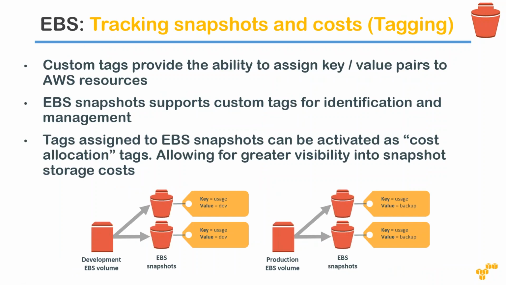Okay, and tracking the cost. I have always mentioned to you guys, this is to impress upon the topic that you should always tag your resources in Amazon so that you can track the cost and always bill the appropriate department for those costs. And since it is a key value pair and there is a very marginal cost associated with it, you can go ahead and have multiple tags.